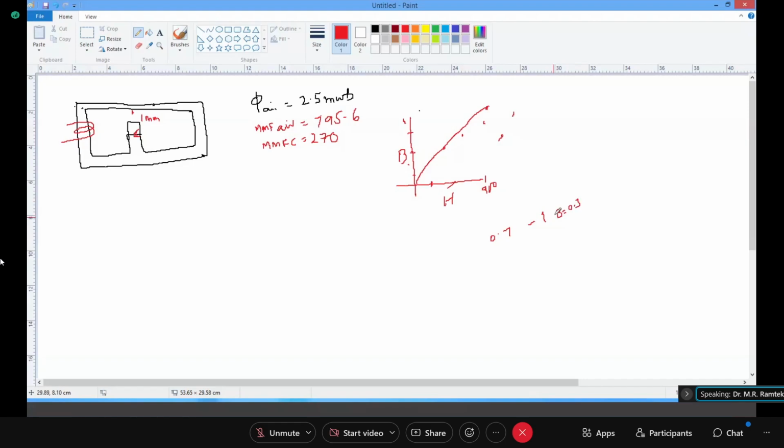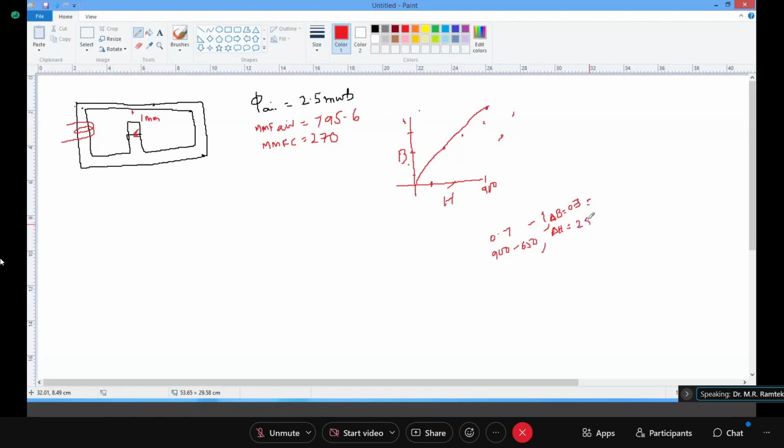So change in B is 0.3, and for that same change in B, the change in H is, this is a very crude method, but since we don't have graph paper, we are using it. So del B is 0.3 and del H is how much do you get? 250 or 350? 250. This is 900 minus 650, 250, na?